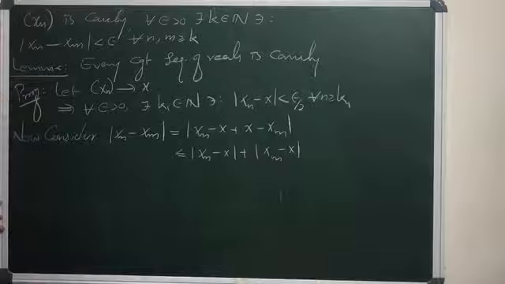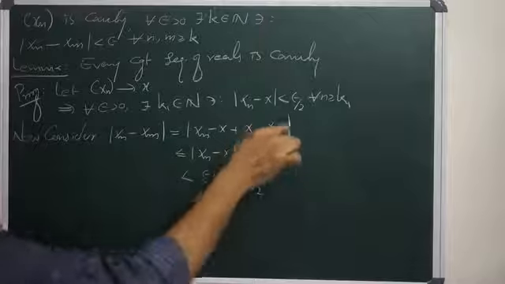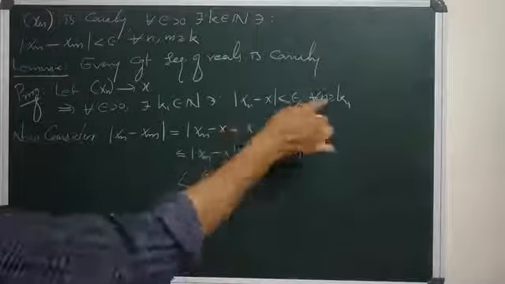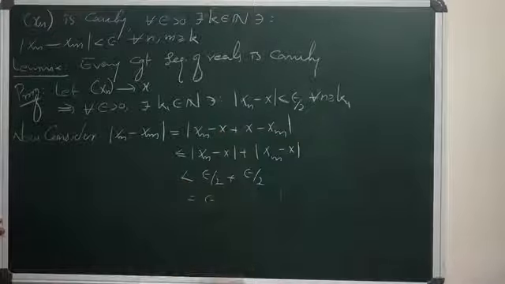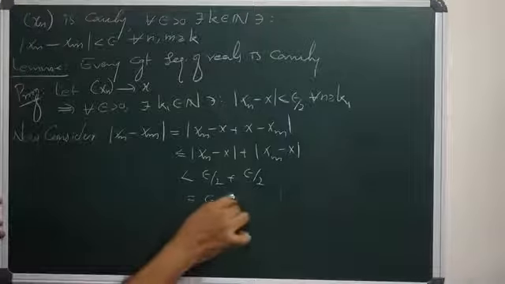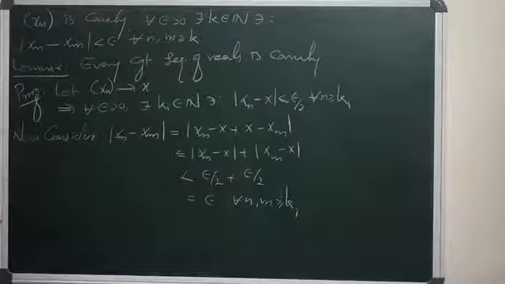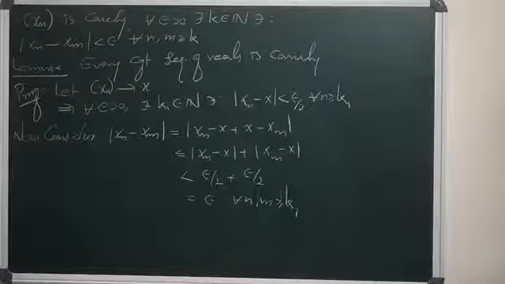Mod x minus xm is nothing but mod xm minus x. But it is strictly less than epsilon by 2, and it is also less than epsilon by 2 for all m greater than or equal to k1, giving epsilon. That means mod xn minus xm is strictly less than epsilon for all n, m greater than or equal to some k1. Thus xn is Cauchy, meaning a convergent sequence is always a Cauchy sequence.